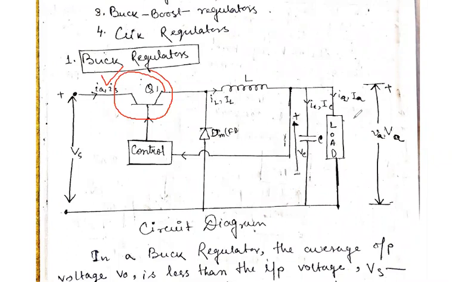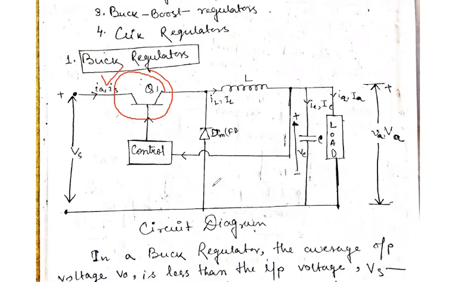The current flowing through the load is IA, and IC is the current flowing through the capacitor. There is a feedback after the inductor and before the connection of the capacitor, and this is a control circuit which is then fed to the transistor. The input to the transistor is the control logic.